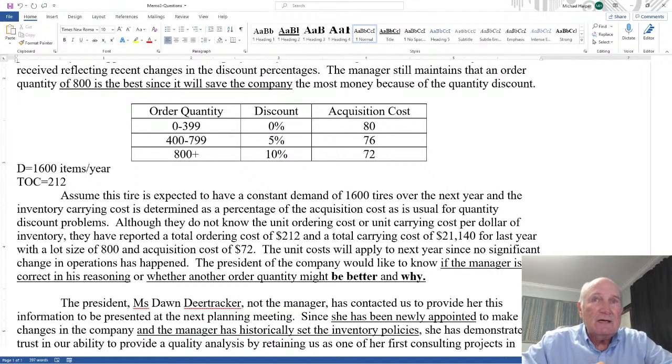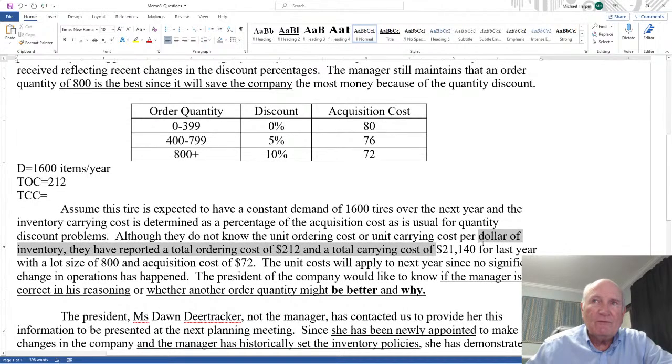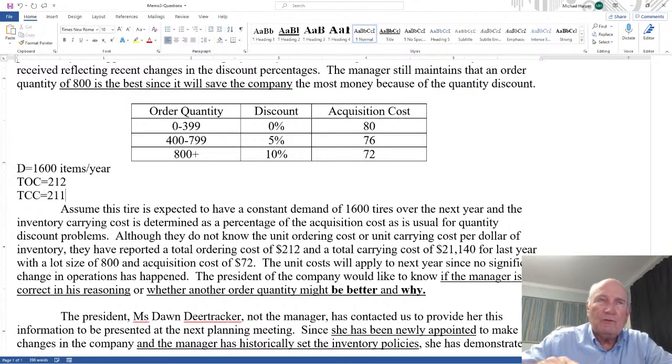Now that's for the whole year. And the total carrying cost, we know that for the whole year, 21,140. Okay, come up here and let's say 21140. So we know that. But that's all we know.